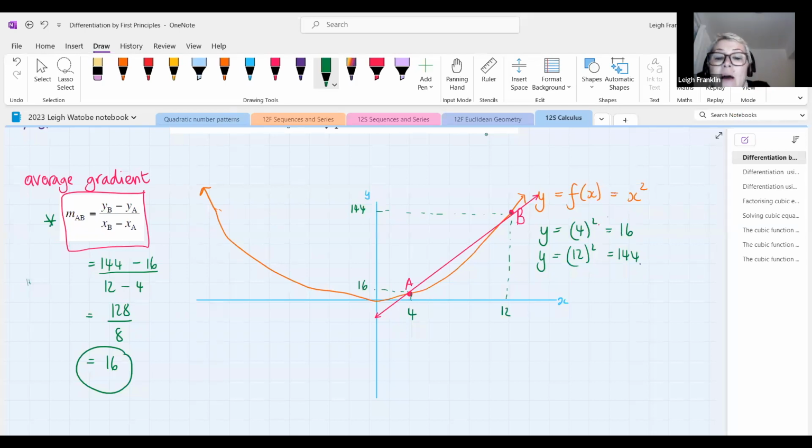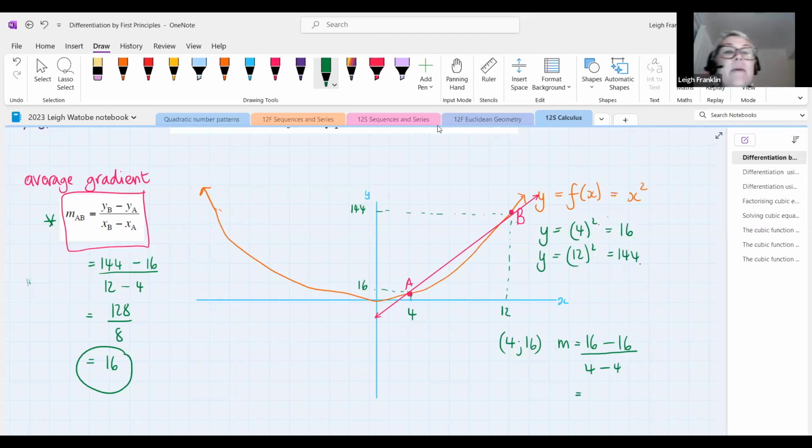At A, I've only got the coordinates 4 and 16. So if I sub into the gradient formula, I end up with my change in y being 16 minus 16, and at the bottom, 4 minus 4.